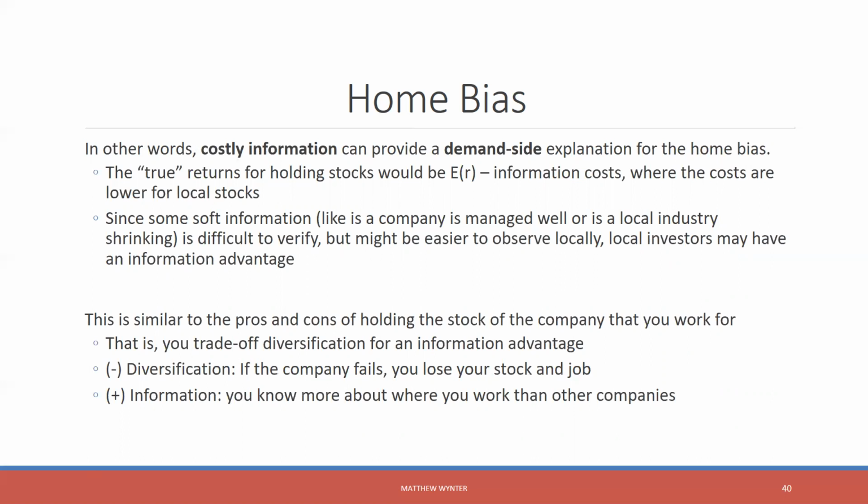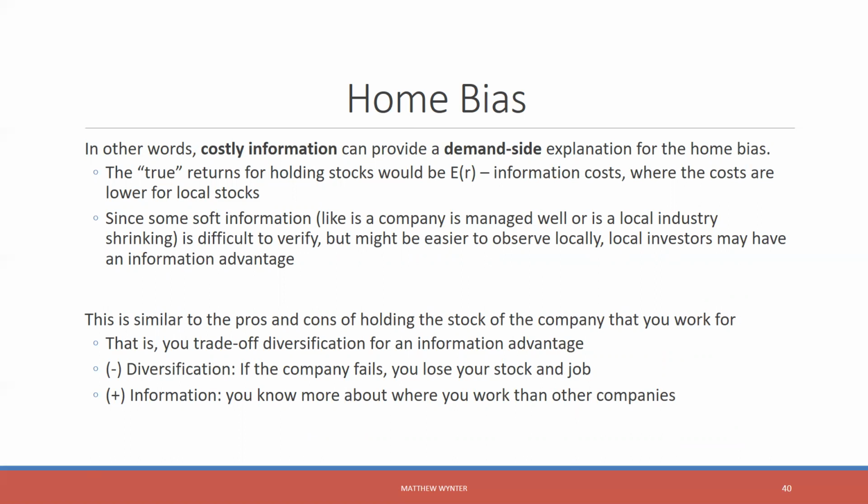This is very similar to the pros and cons of holding stock in the company that you work for. We discussed this quite a bit when we were looking at corporate governance as a means of incentive alignment. But there's also a big trade-off of diversification that you face if you hold stock in the company that you work for. Here's the trade-off.